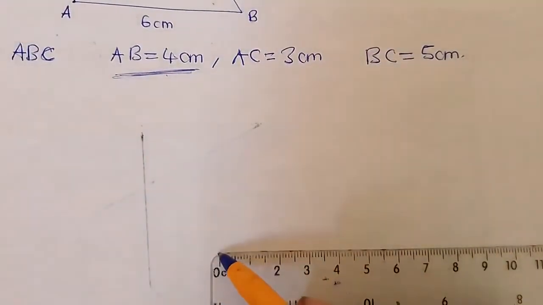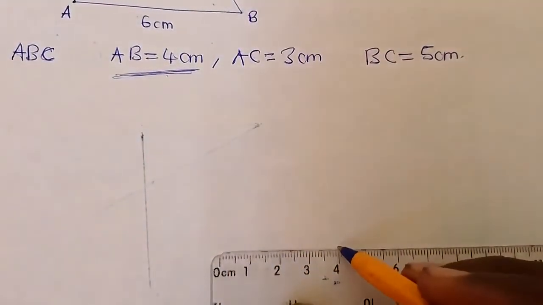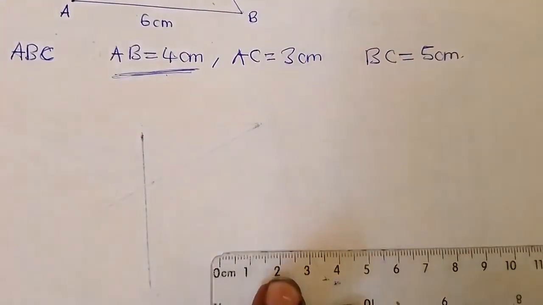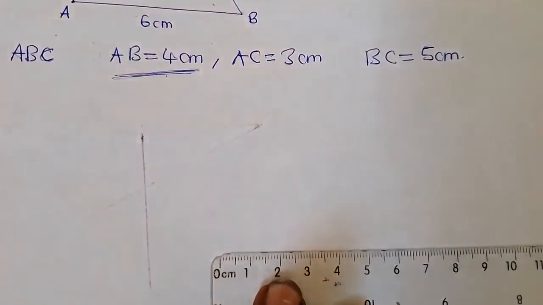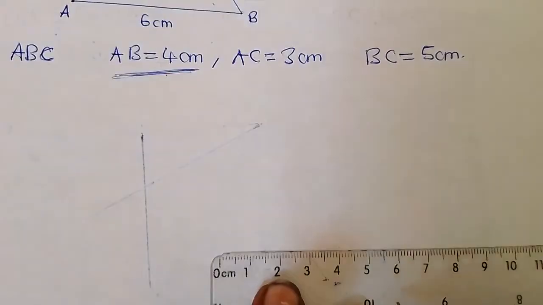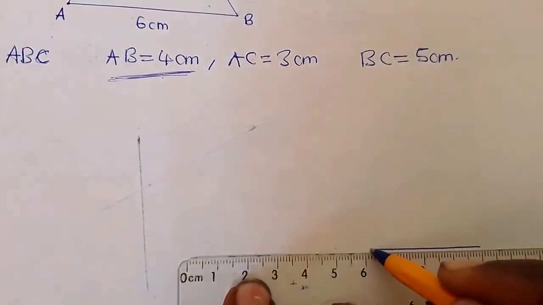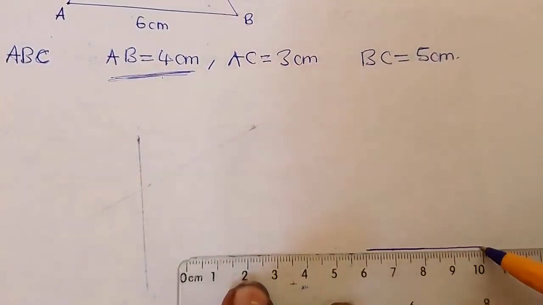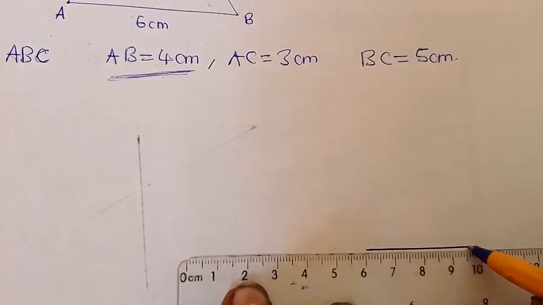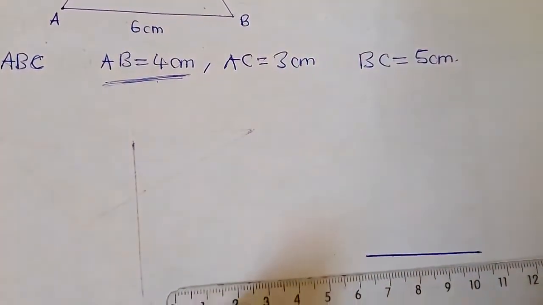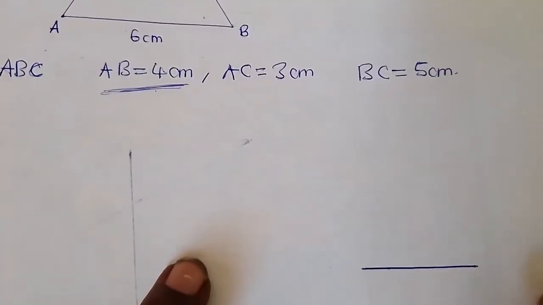From here, I measure up to there. This is my 4 centimeters. Since this part of my ruler isn't well, I'll just say from 6 to 10, one and the same. You measure using your ruler. These are exact measurements that I'm doing also. So you do this.